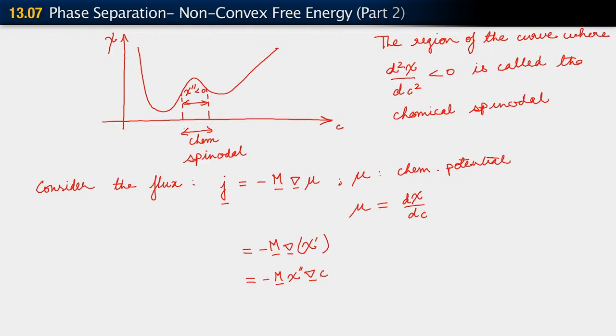But now what happens in the chemical spinodal? Chi double prime is less than 0 in the chemical spinodal.